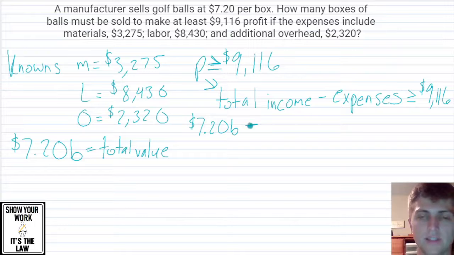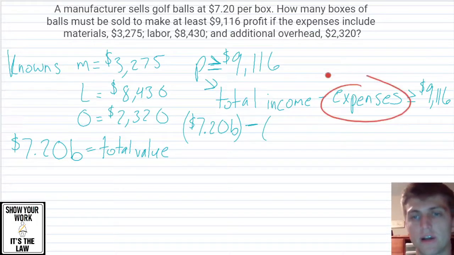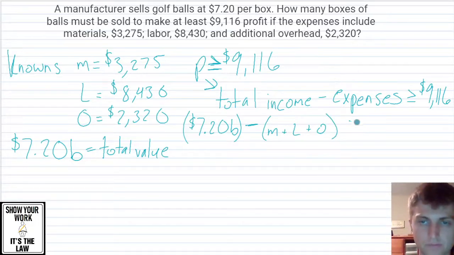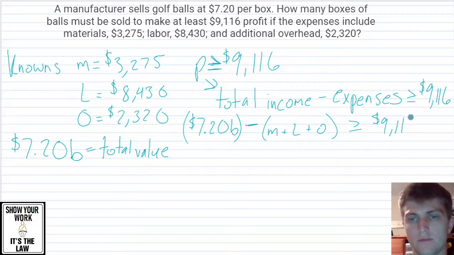And the expenses, what do you think our expenses are? It's everything else combined. So our expenses, and remember, use parentheses for substitution because it comes into play exactly right here, especially when there's a negative sign. All our expenses are our materials plus our labor plus our overhead. All this has got to be greater than or equal to 9,116.